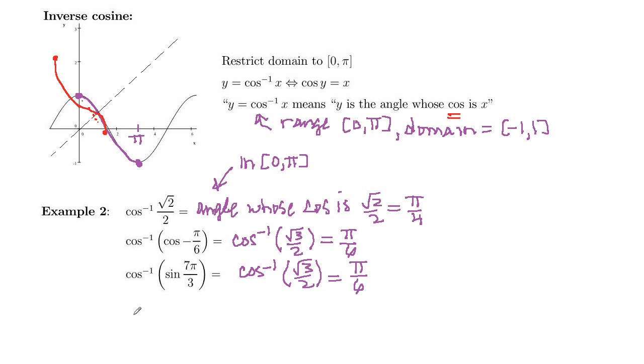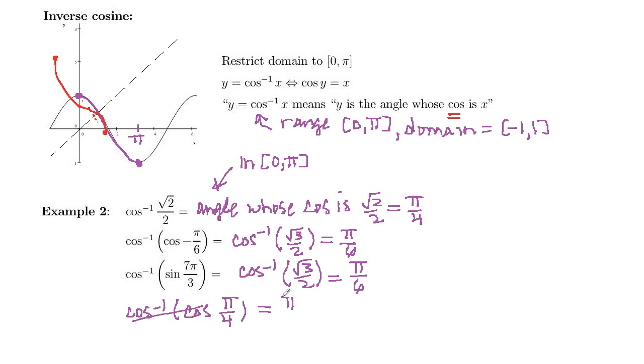Now one more example here. If we do inverse cosine of cosine, and our angle is between 0 and pi, for example pi over 4, then since this angle is between 0 and pi, these do cancel out.